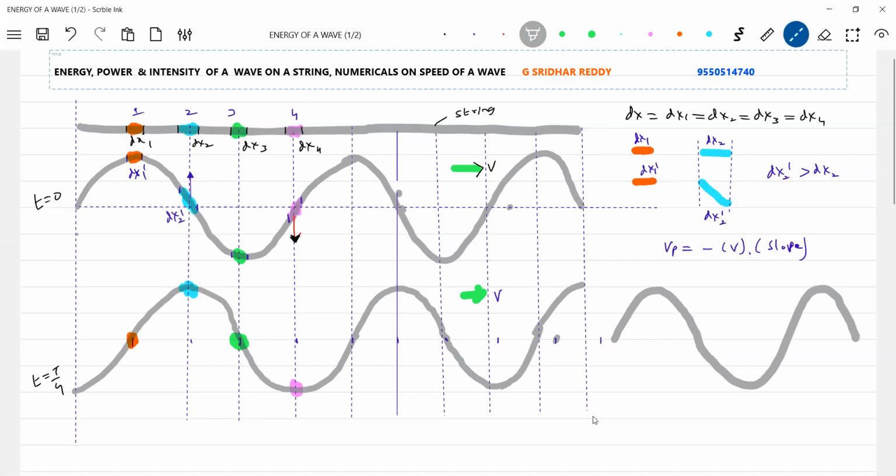So when a wave propagates on a rope in any direction, let me take towards the right, then where will kinetic energy be maximum? Here kinetic energy will be maximum. I think in books you have this much of the diagram.